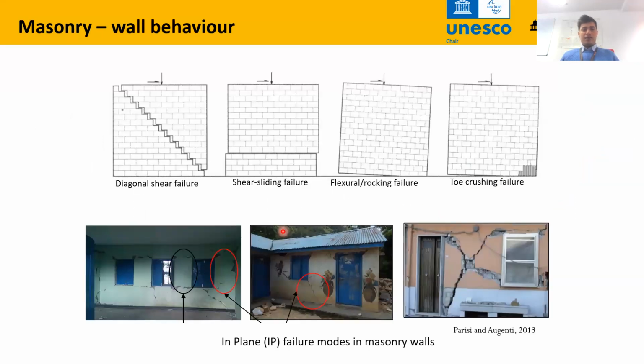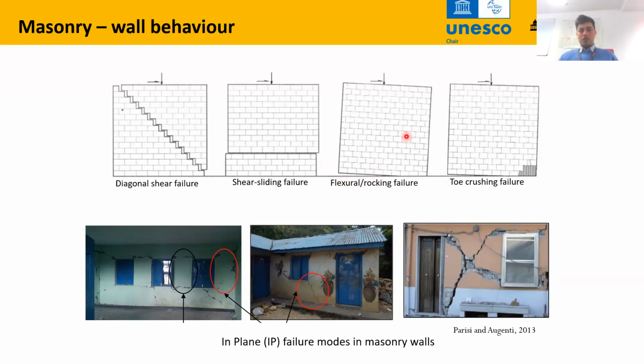So for example, the in-plane loading causes different failure modes as shown here. The diagonal shear failure, where the shearing goes through the mortar joints, header joints, and the stretcher joints. Here, there is shear sliding failure, where the mortar is too weak. The whole portion of the masonry can slide.